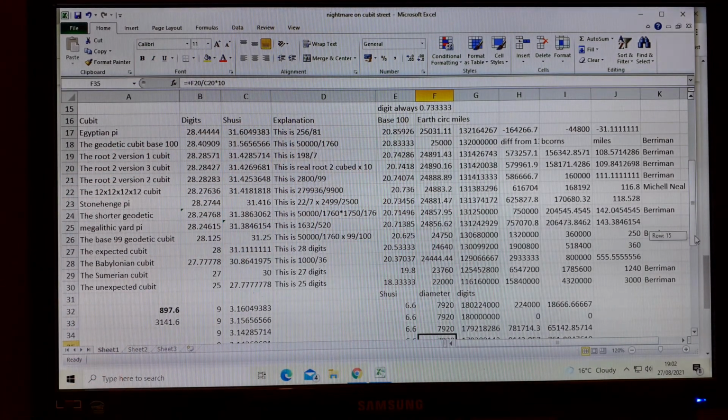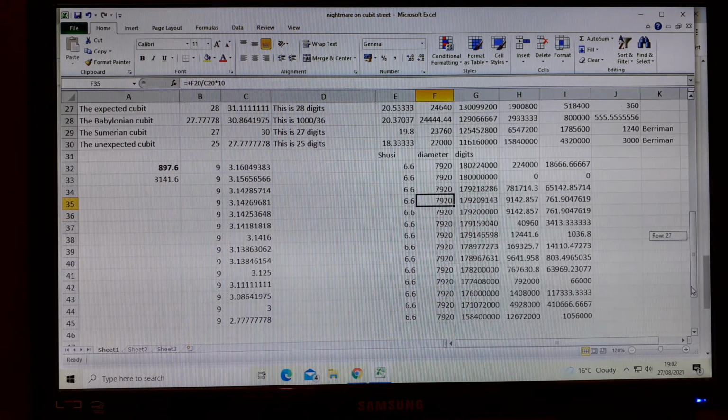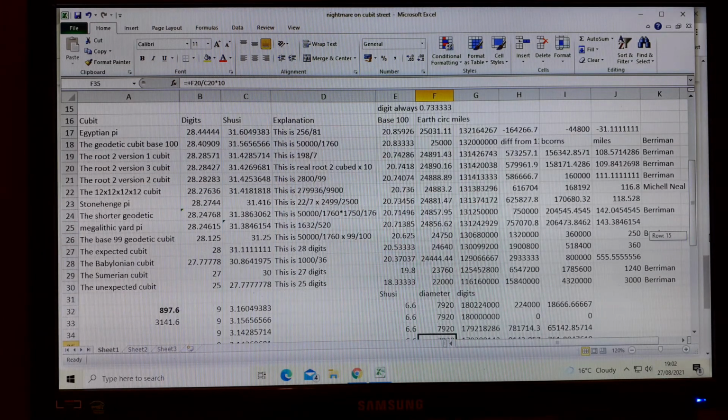And to me, this is a big breakthrough at Giza for anyone that's interested in historical metrology. And I think somebody needs to recognise this. I mean, someone who's got more authority than I have needs to go through this and have a good look at it and confirm that everything's stacking up. So that's it for now.